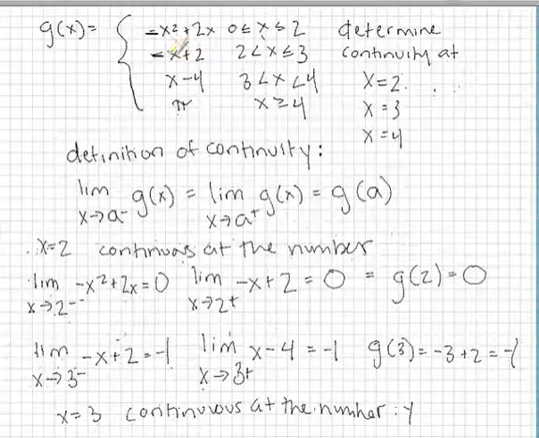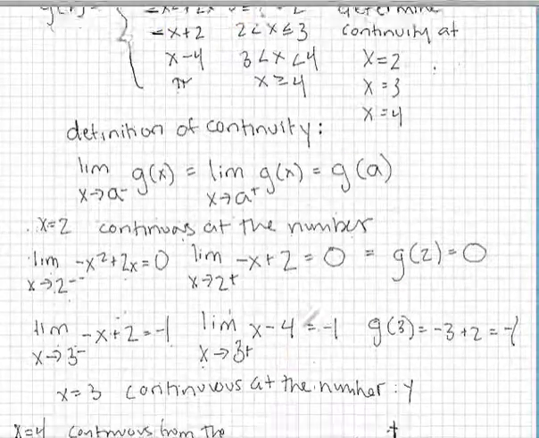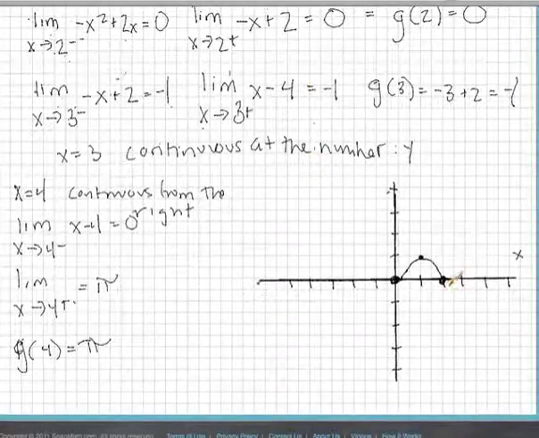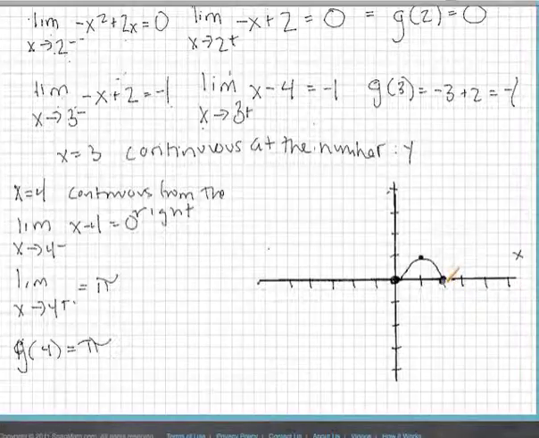It looks like I have a line with a slope of -1. So starting at x equals 2 and ending at x equals 3, I'm going to draw a line with a slope of -1, and we will put a closed dot here. That should be a straight line right there.